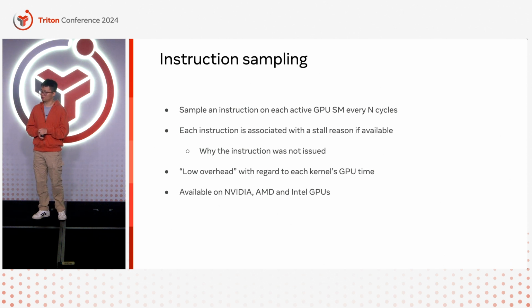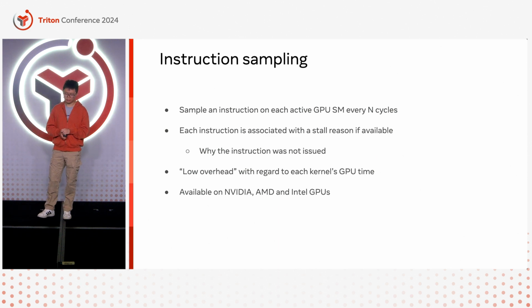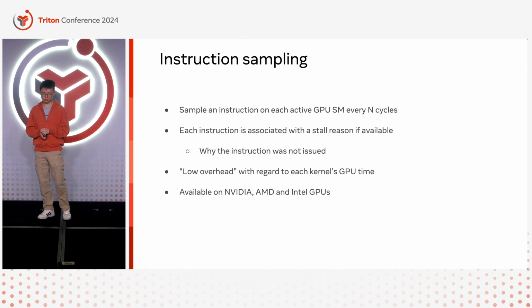That means if your kernel originally runs for something like 50 milliseconds, using instruction sampling you'll likely still get 50 or 51 milliseconds, which guarantees that what you profiled is true information instead of something that has been dilated. It's already available on NVIDIA, AMD, and Intel GPUs, but Proton only has integrated instruction sampling on NVIDIA GPUs so far.